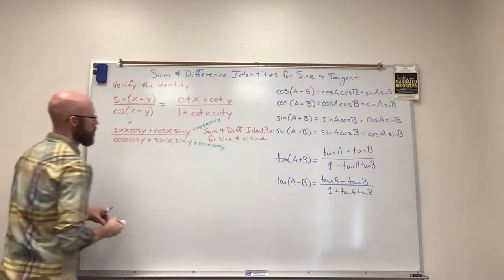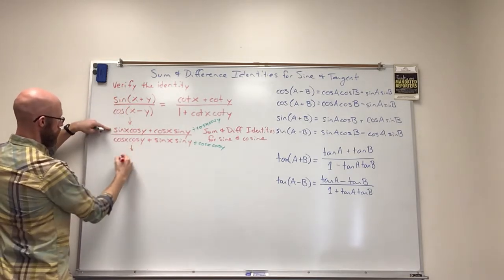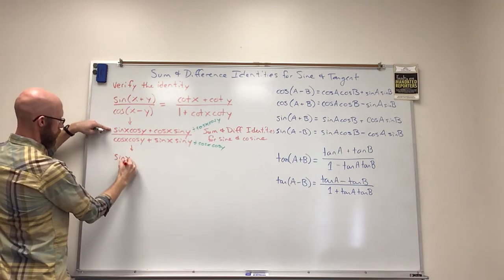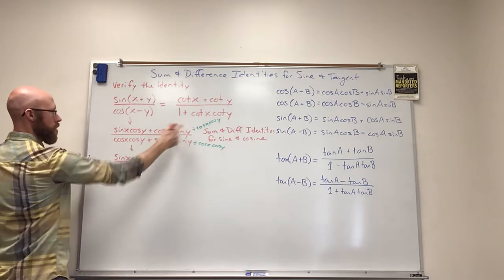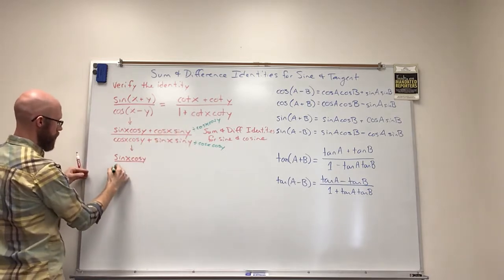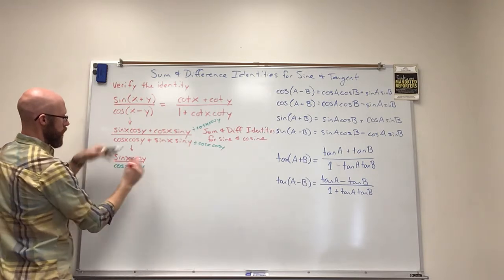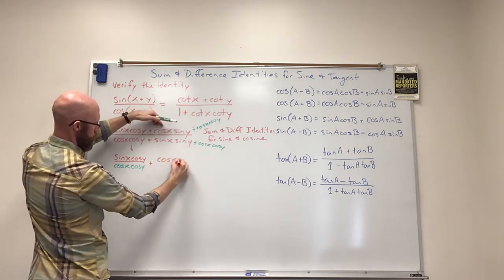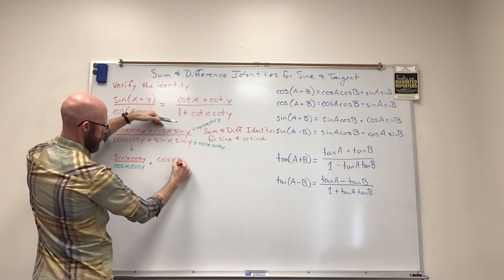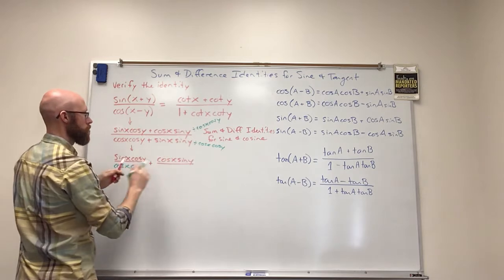So my numerator will become sine x cos y over cos x cos y, plus cos x sine y over cos x cos y.